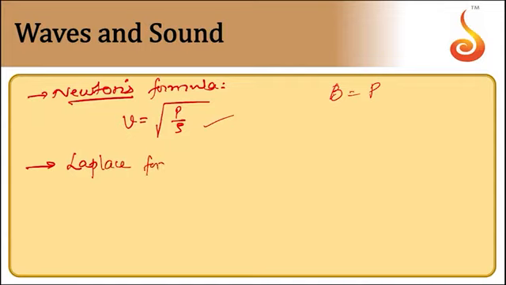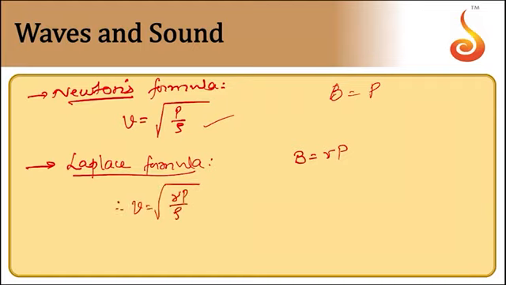So Laplace's formula, including the correction, is something like this. According to him, the propagation of sound in a medium, or in air particularly, is not under isothermal conditions but under adiabatic conditions. So if it is an adiabatic propagation, then B is not equal to P, B is equal to gamma P. Thus V is equal to square root of gamma P divided by rho.